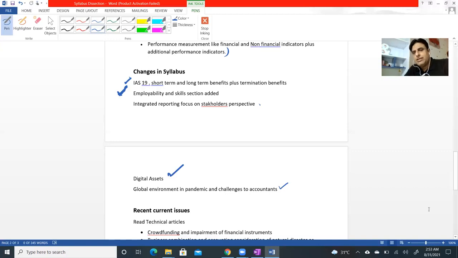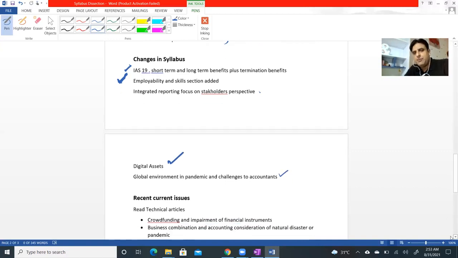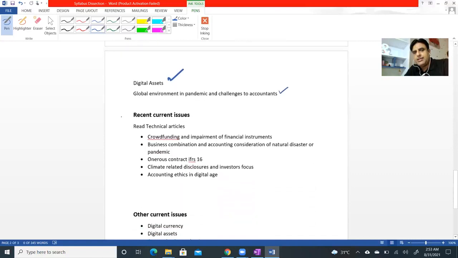Now, for this purpose, I'll recommend you to at least read the technical articles. These technical articles are present on the accaglobal.com website. The first one is definitely a very important one, crowdfunding and impairment of financial assets.